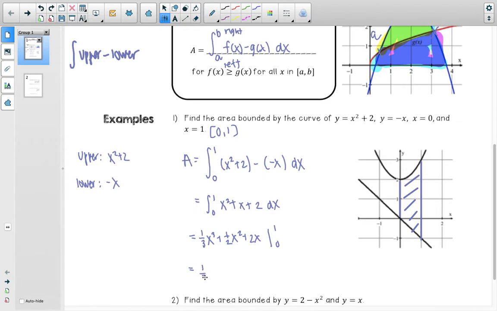So you get 1/3 plus 1/2 plus 2 minus 0. And if you put that all together, you get 17/6, and we don't know the label, so we're going to put units. Okay.